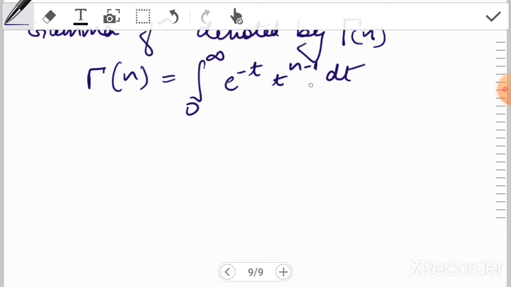This is an improper integral which is dependent on the parameter n, right?